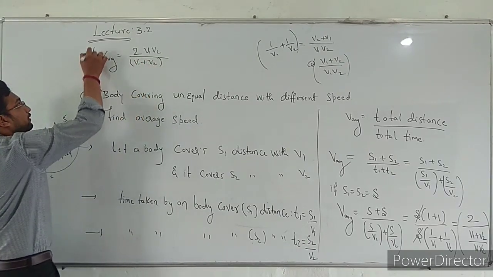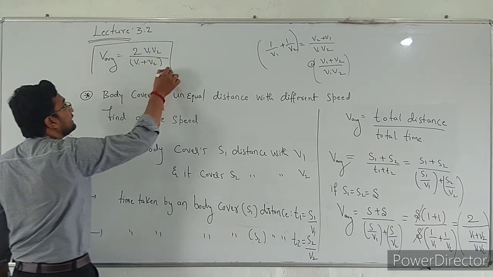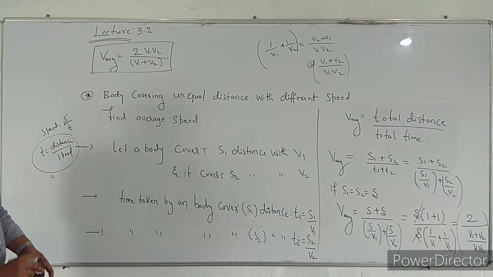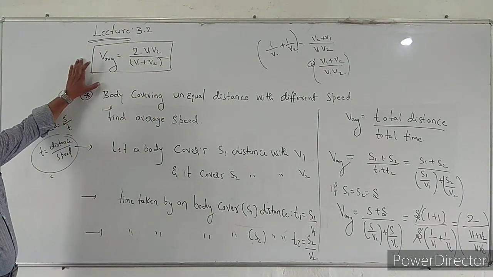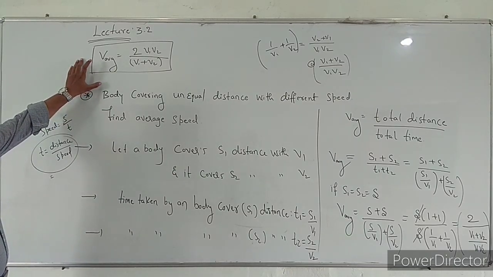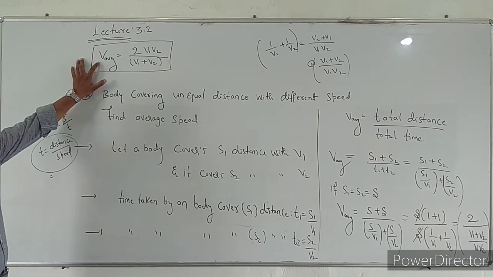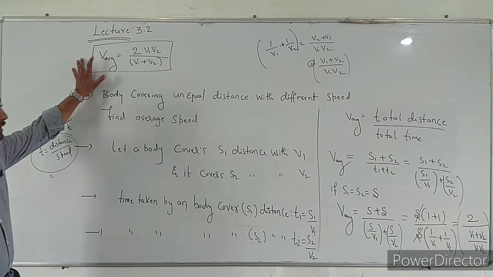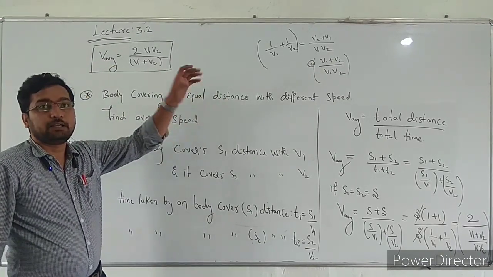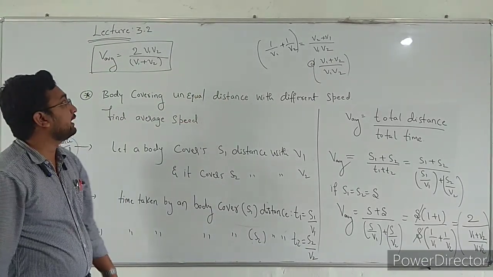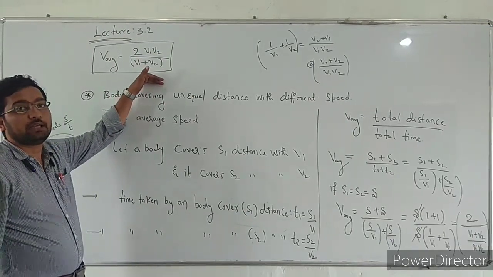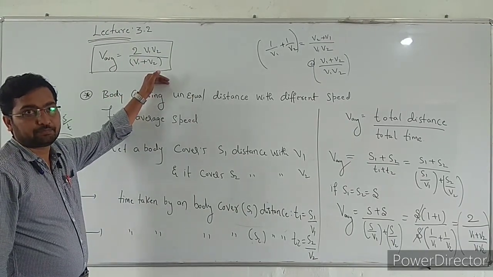So this expression we use to find the average speed, right? The condition is that if an object covers equal distances with different speeds, then we use this formula to calculate the average speed.